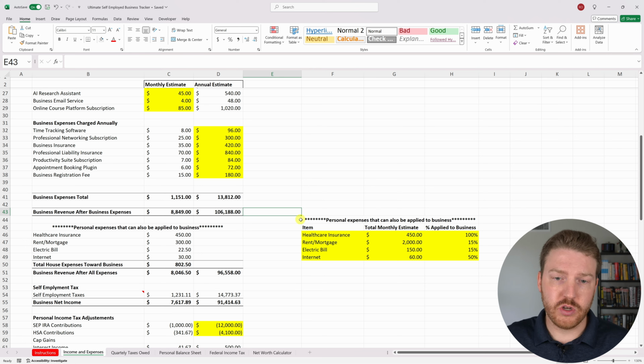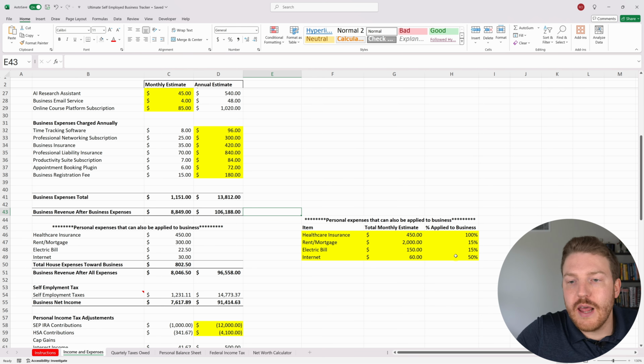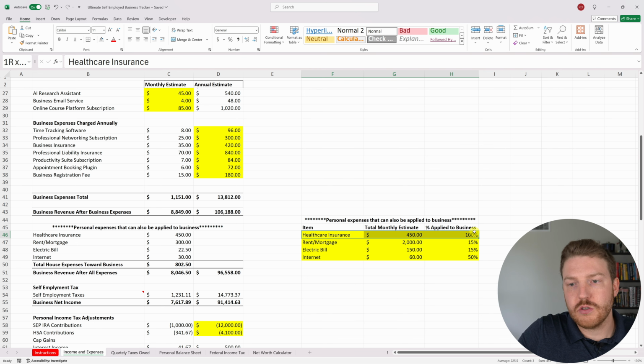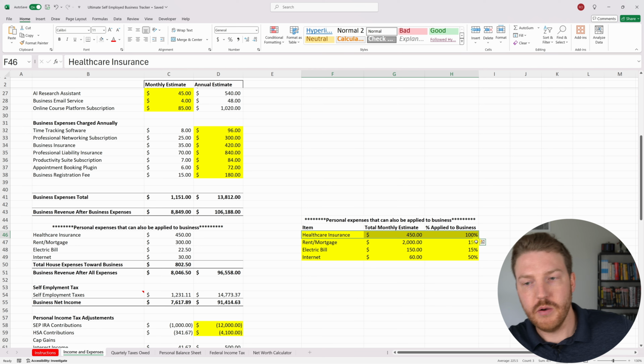So in this section, I've gone through and looked up all the things that I can write off for my business. Basically, you can allocate a percentage of that expense that's applied to the business. If you have to buy your own healthcare insurance, you can deduct 100% of that from your self-employment income.